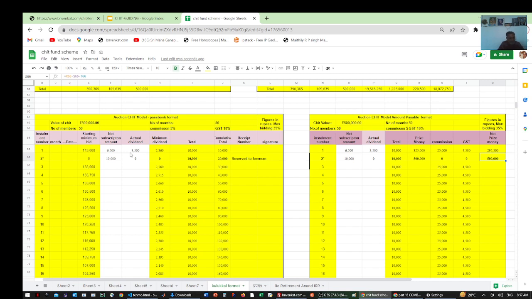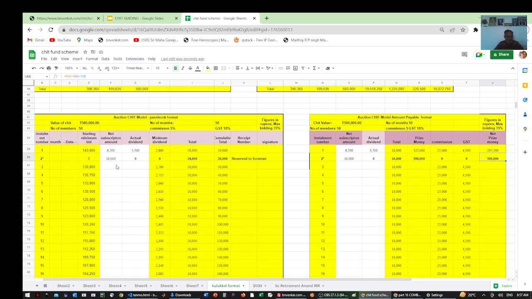Then all these 5-6 bidders' names will be written on a piece of paper and a lot is taken. Out of these 5 members, one member's name is selected, again by lot. The prize winner is decided.